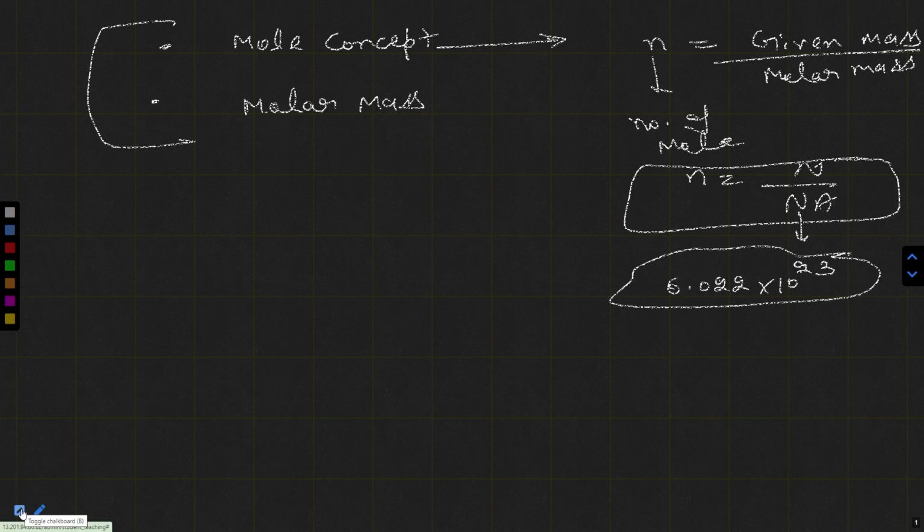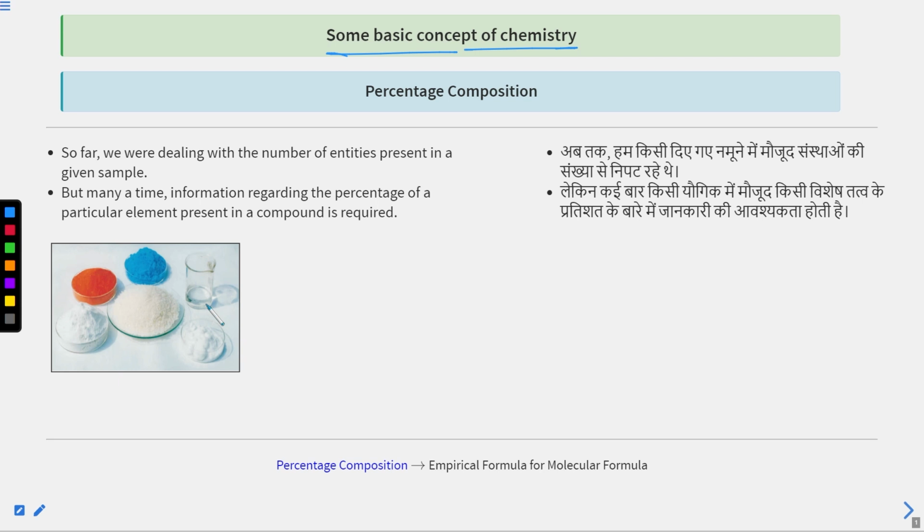Today we are going to discuss another concept, that is percentage composition. So far we have been dealing with the number of entities present in a given sample, but now the question is how much amount is present.